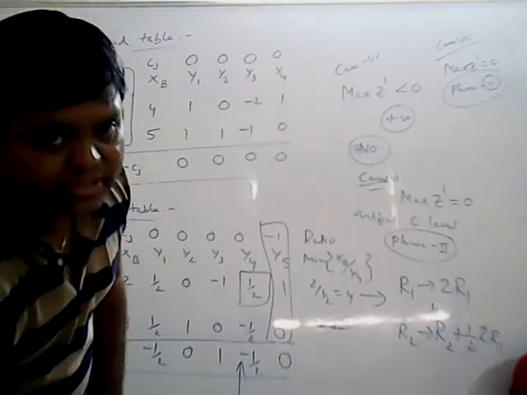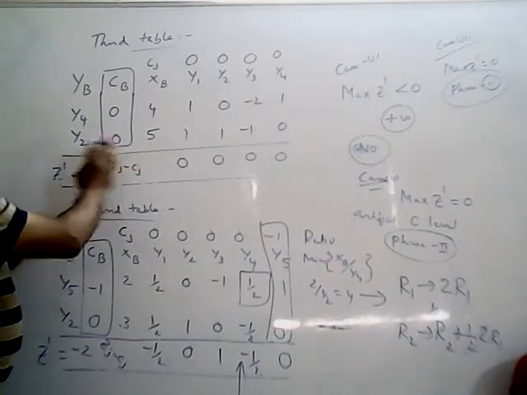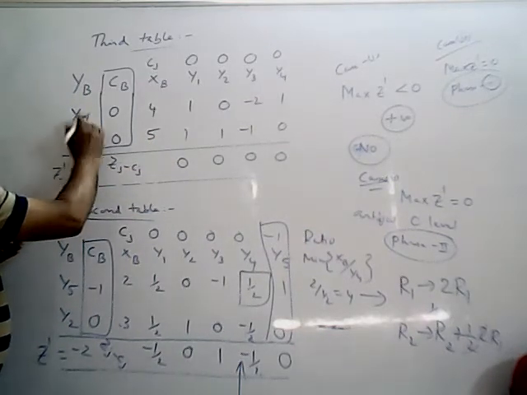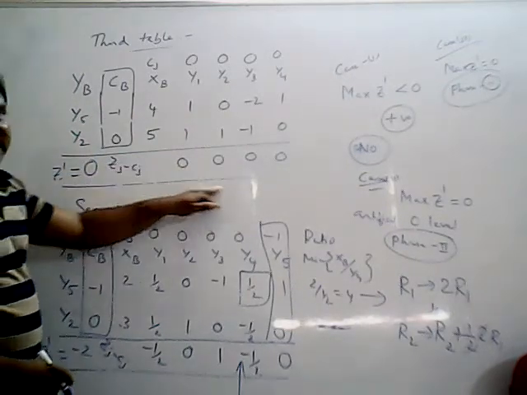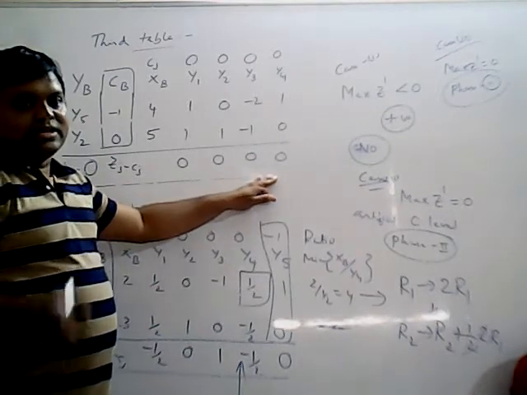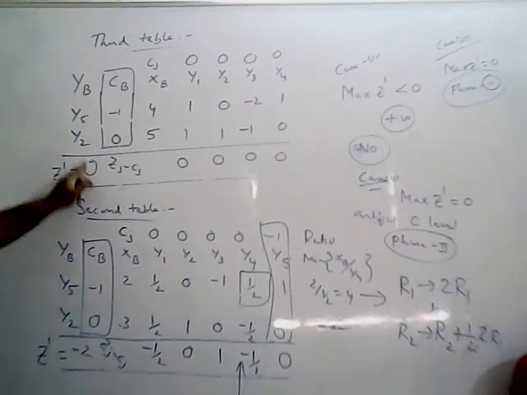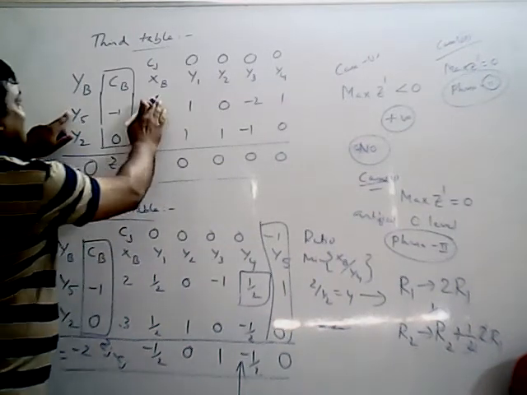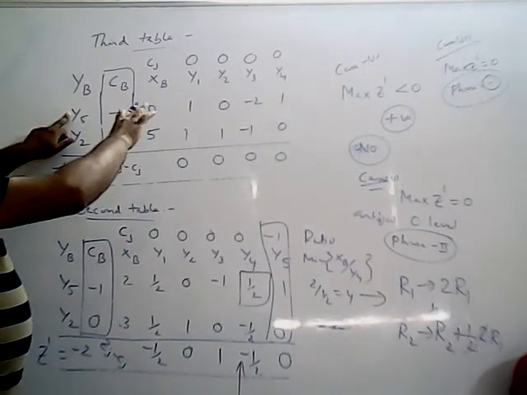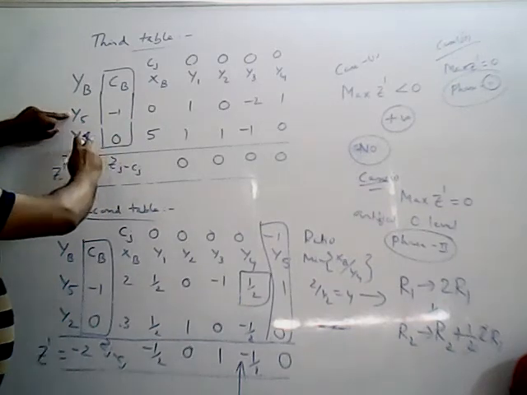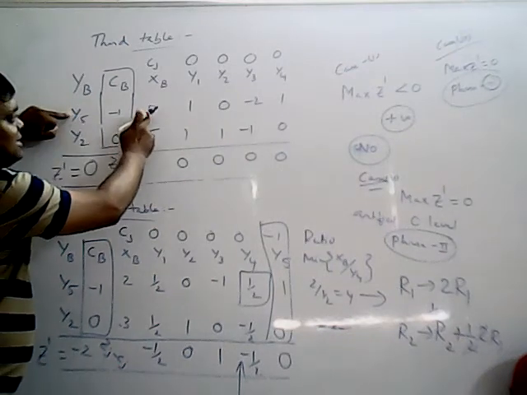Sometimes you may get y5 here, that is minus 1. Leave the calculation, don't see the calculation part. You are getting all positives. Now see, it comes under case 2: maximum z dash equal to 0 and artificial vector y5 appears in the basis at a 0 level.